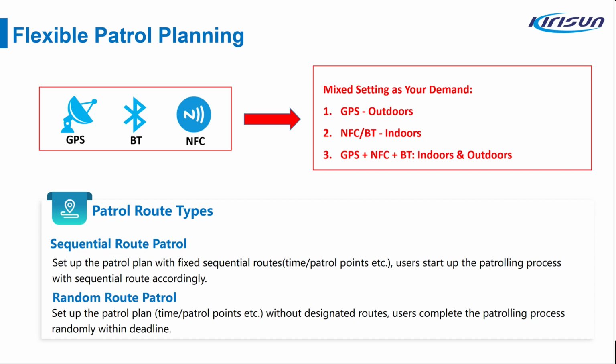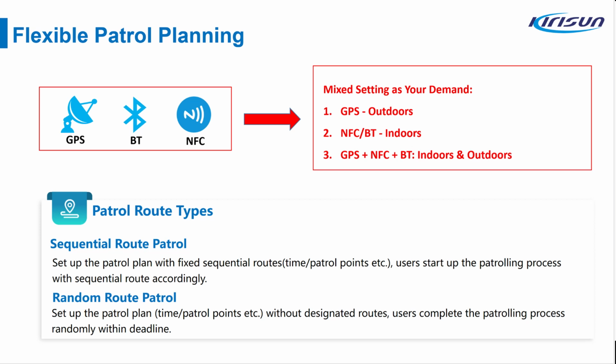One more feature is that the system now supports 2 flexible patrol routes. One is a fixed sequential route, where you set up the patrol plan with fixed sequential routes. The user starts the patrolling process and follows the sequential routes accordingly.